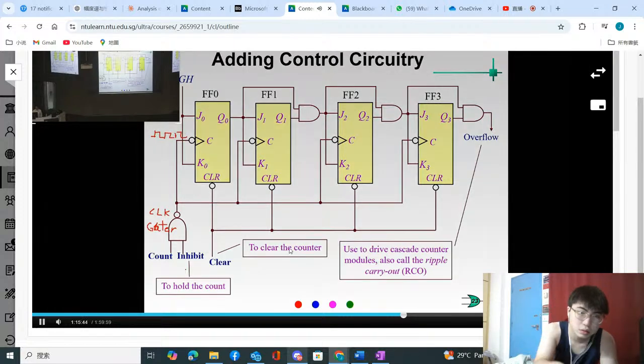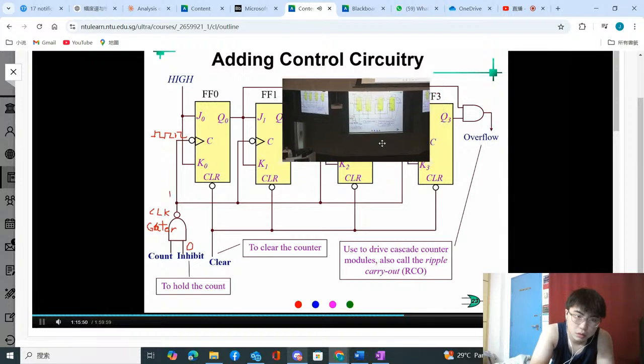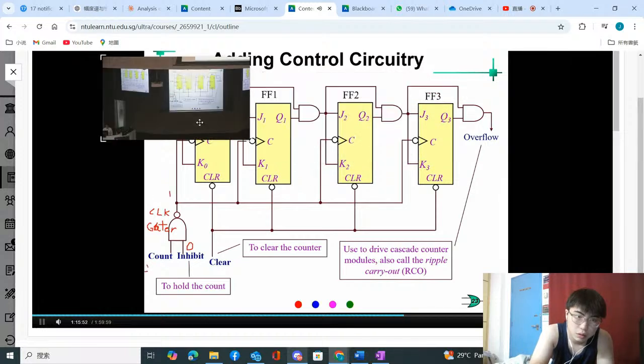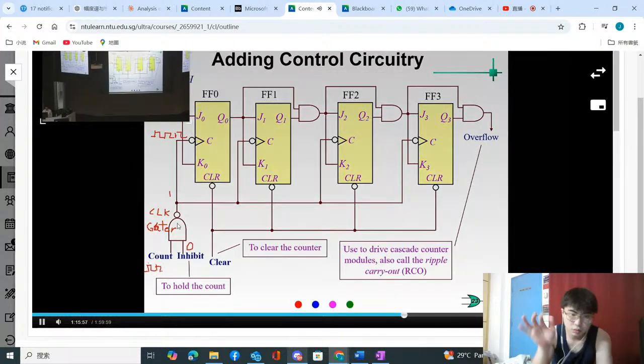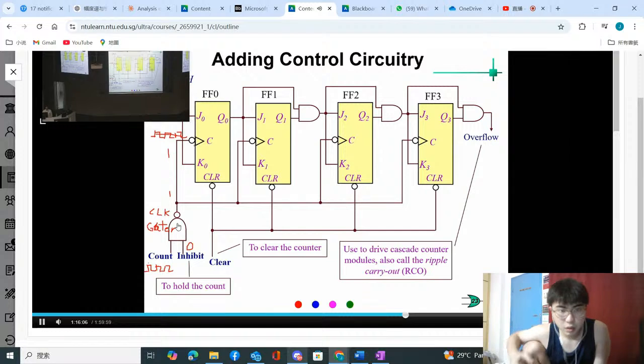But if I set it to 0, it means that here will always be 1, even though the clock signal is coming in. This is a 0-dominant gate. When it is 0, the output always goes to 1. When the output goes to 1, it is not counting, so the output will hold at the state. For example, you count until 15, it will stop at 15. So you use this NAND gate as a clock gater to gate the clock. If the clock cannot come in, it cannot continue the counting.